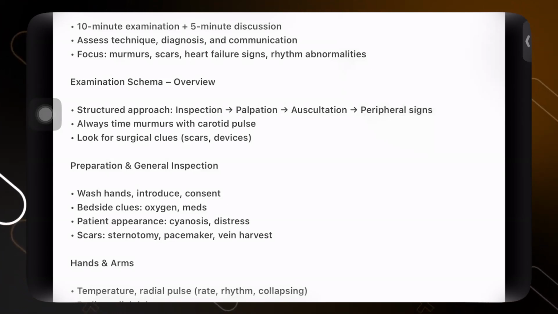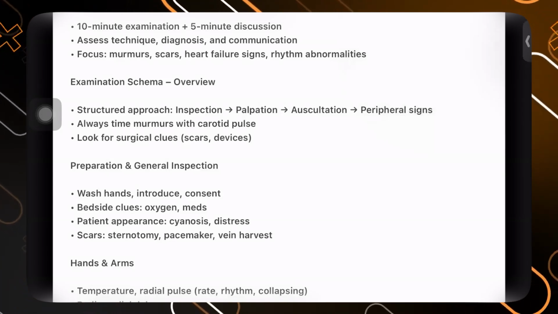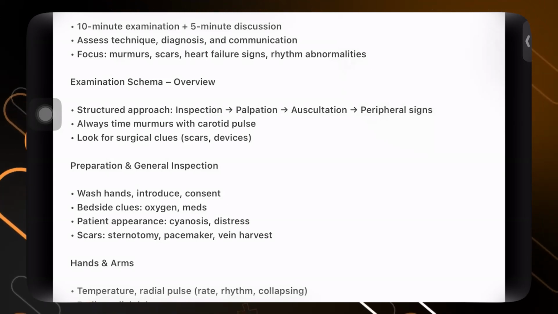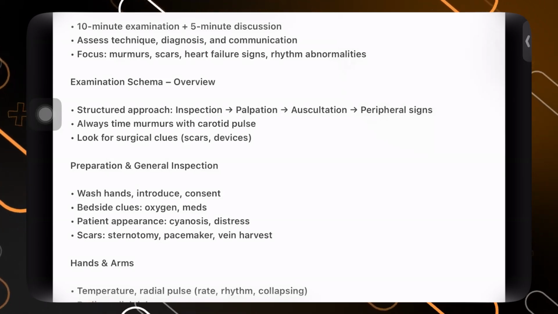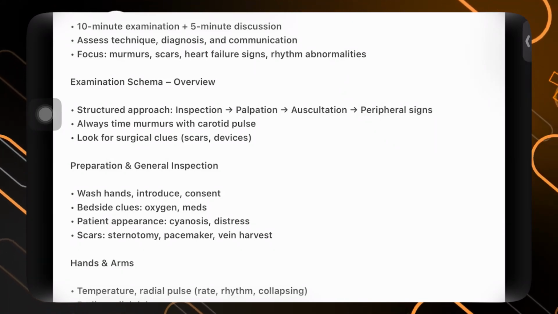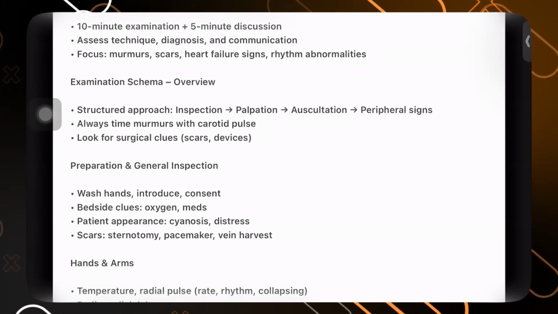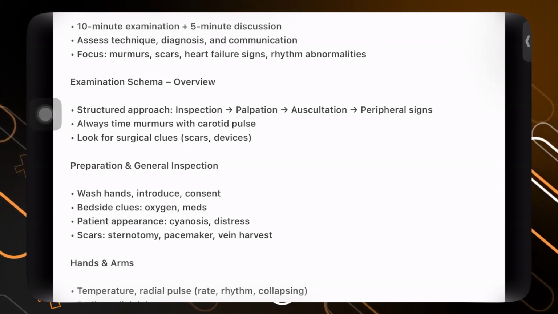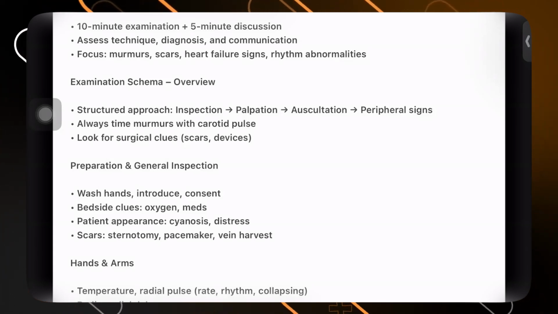What you see on the screen is a basic scheme for assessing a patient who has been given to you on the cardiovascular station. There are a few fundamentals you have to understand. You should not be vague in your examination.